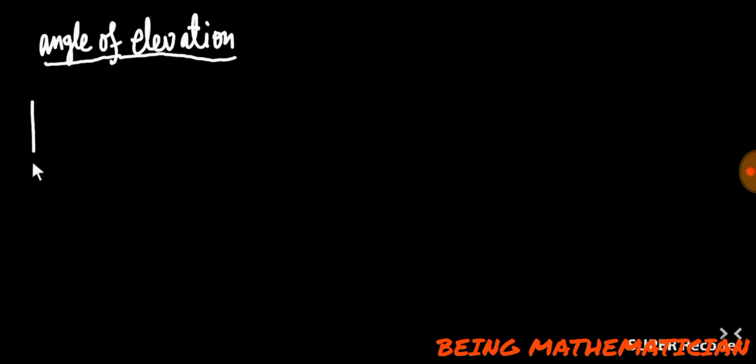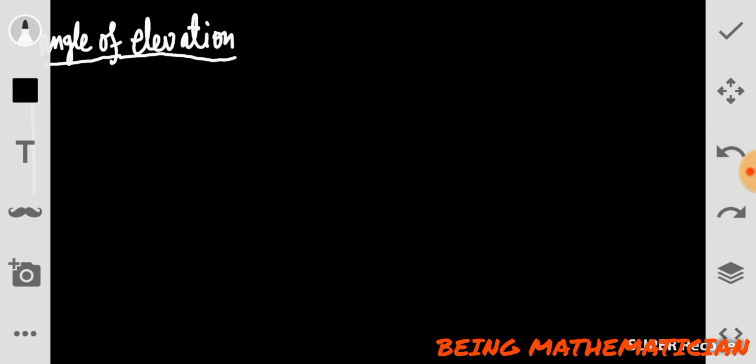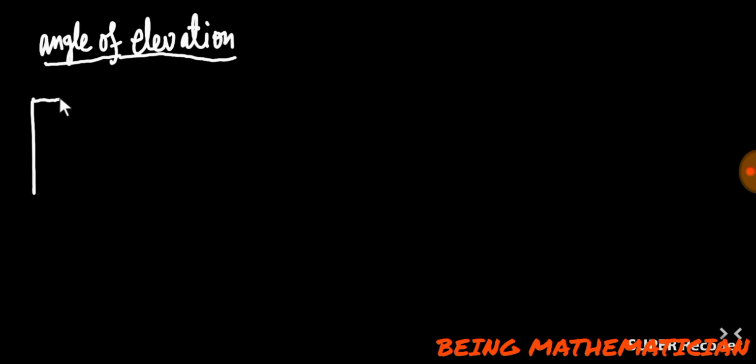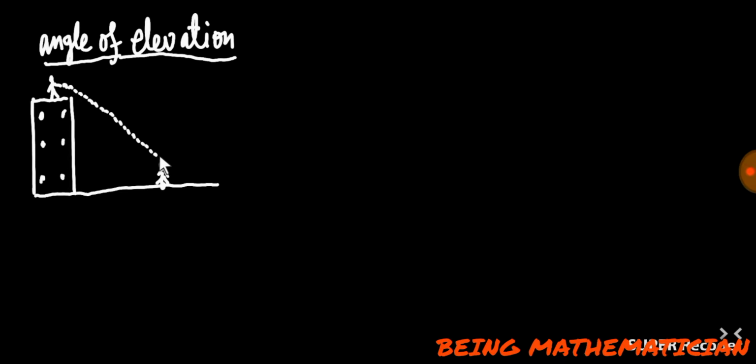Let us assume that this is a building, and one person stands here, and there is one point on the ground, and from this point one person sees this person, and this imaginary line shows that.